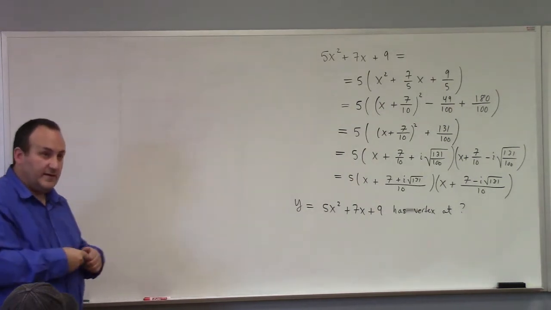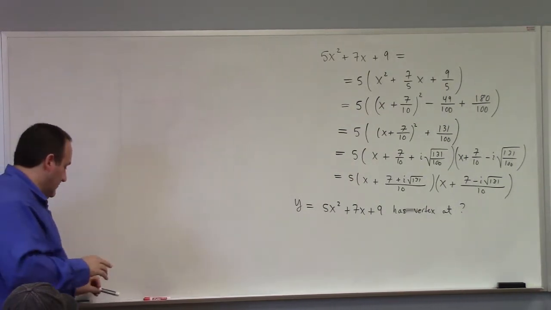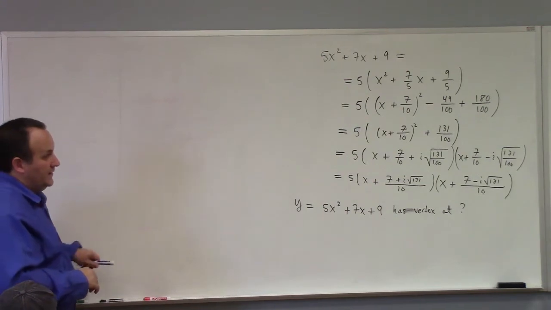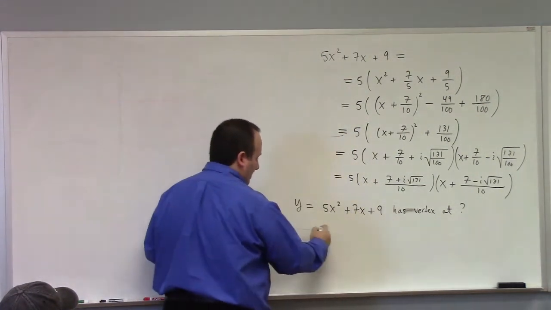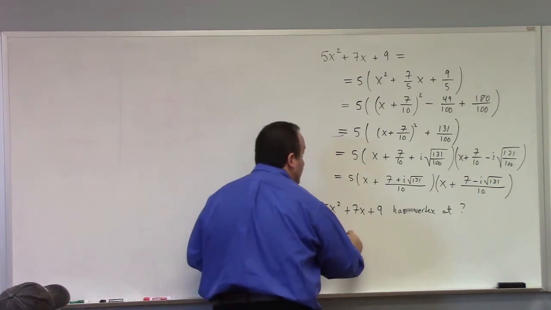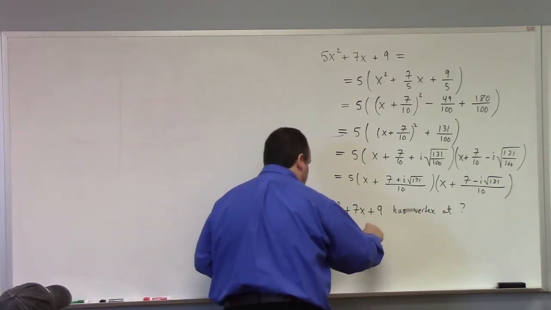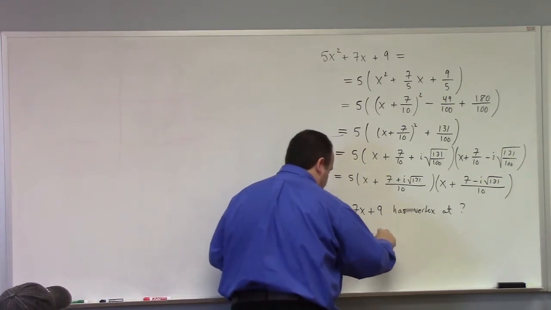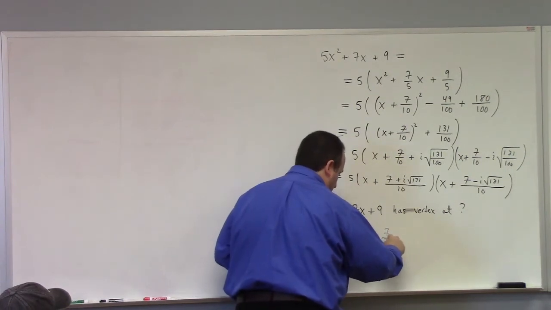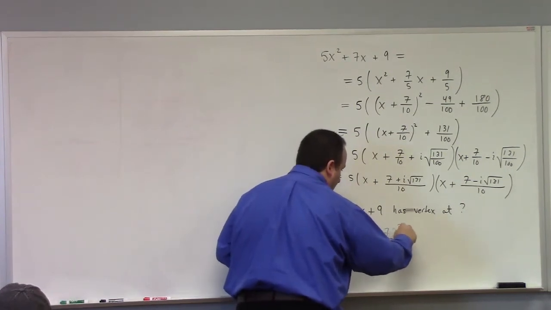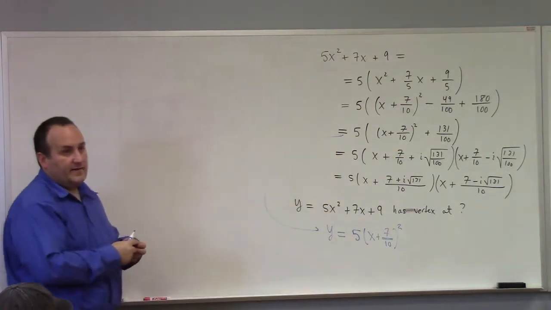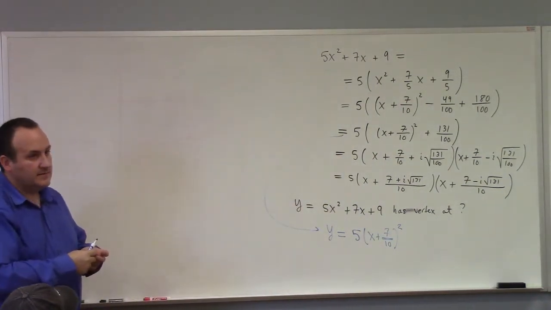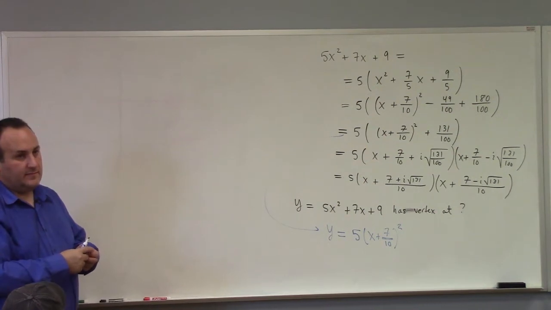With what we've already done here on the board, it's easy to figure out. All you got to do is go back up to this step up here and trade it for y is equal to 5 times x plus 7/10. And when I multiply 5 times 131 over 100, 5 over 100 is what? How many 5s can you put into 100?